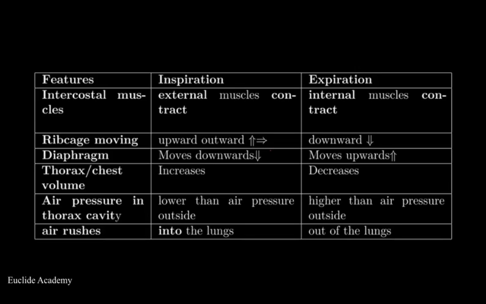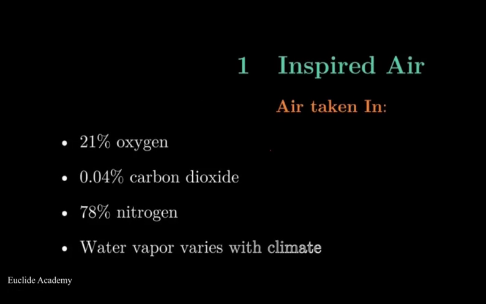And now let us talk about the composition of the very air that we are breathing in and the air that we are breathing out. Let us start with the air that we are breathing in, also known as inspired air, or air which is being taken into the lungs. What is the composition? Air into the lungs has got 21% oxygen, 0.04% carbon dioxide, and nitrogen is 78%.